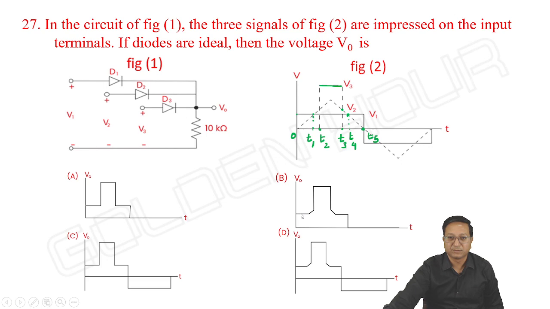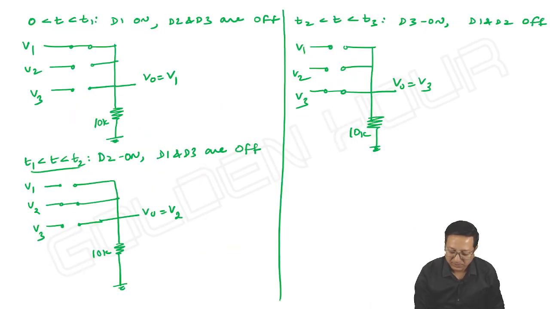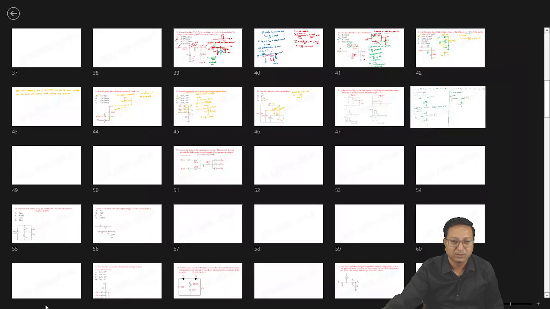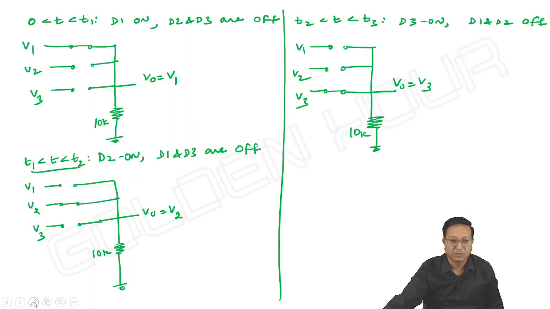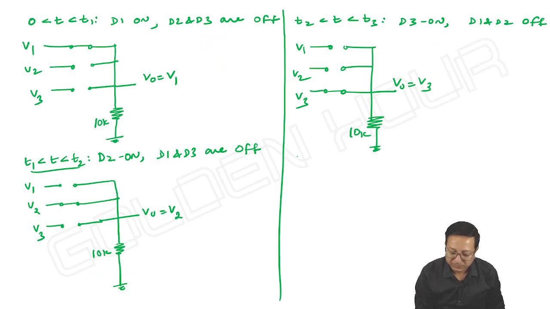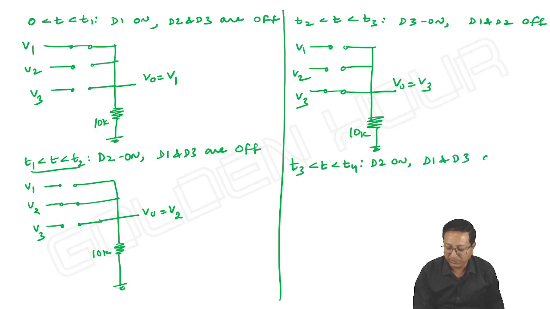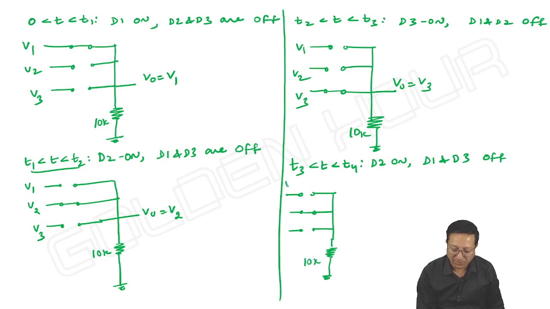For t3 less than t less than t4, D2 is on, D1 and D3 are off. So V output is equal to V2.